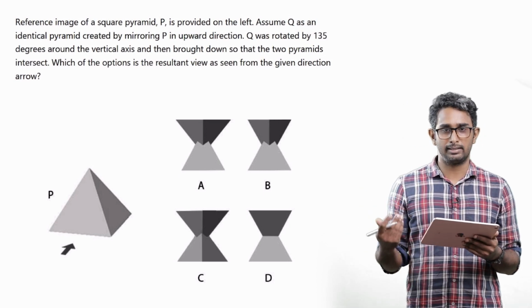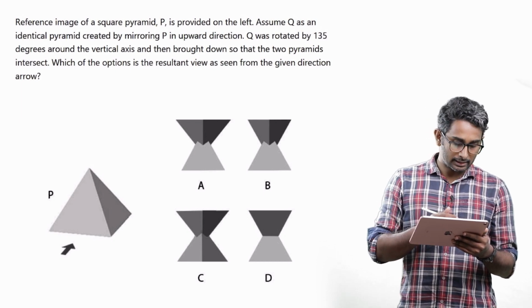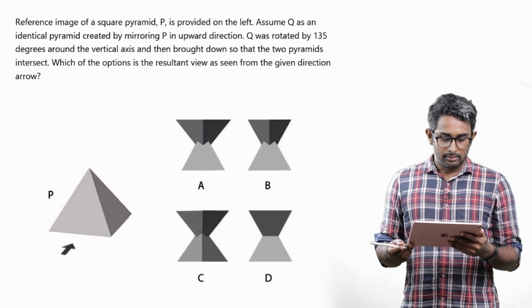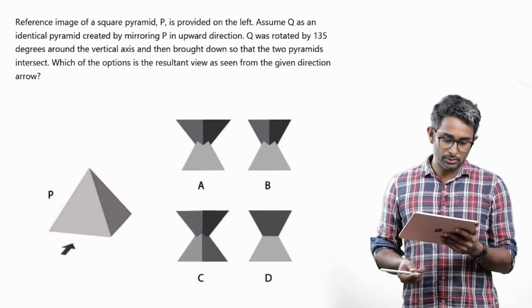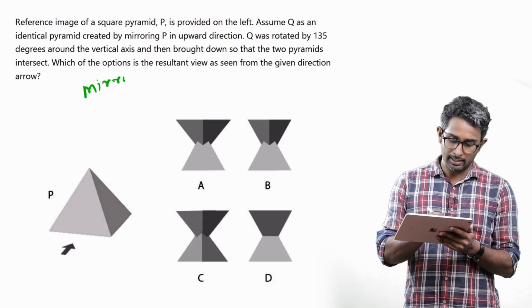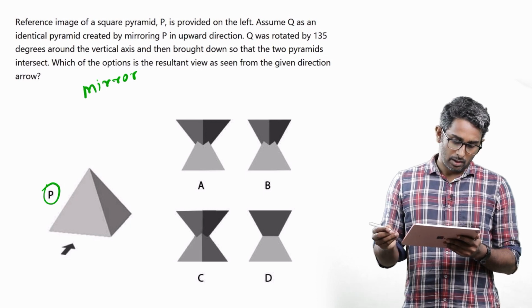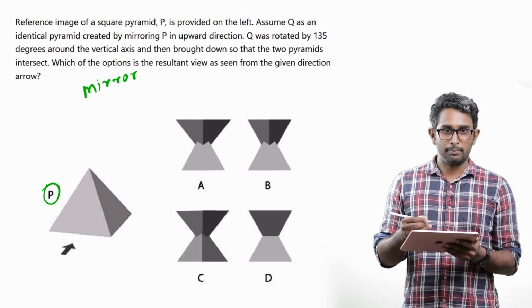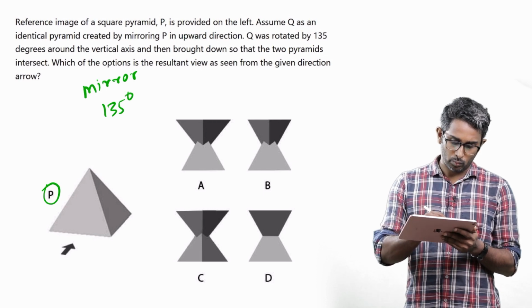So you have to find the correct resultant view in the direction given below. Let's try to analyze the question. They are asking us to mirror the given pyramid P. Then we have to rotate the mirrored pyramid by 135 degrees about the vertical axis.